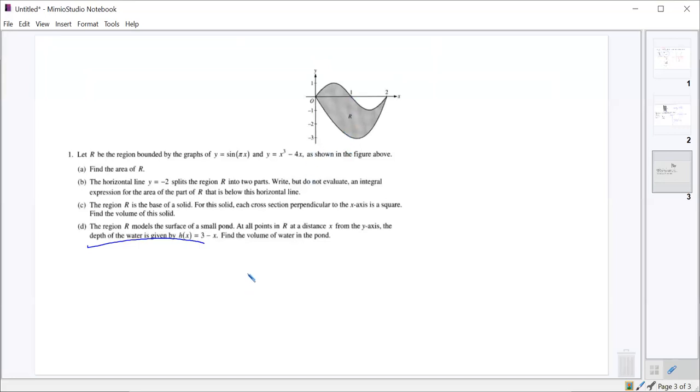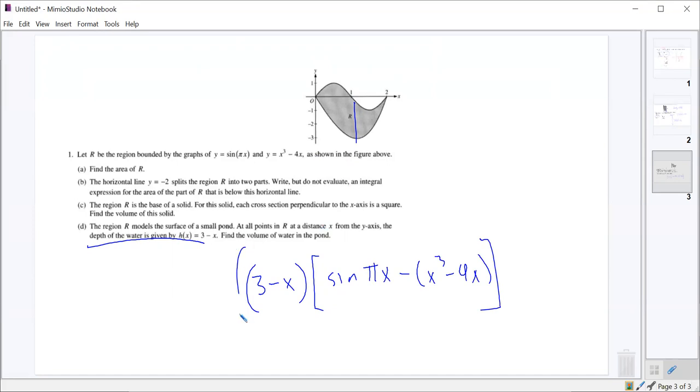So it ought to be 3 minus x times sine pi x minus x cubed minus 4x. So it's just the length from here to here times the depth of it, which is basically giving us the area of the cross-section. And then integrated from 0 to 2.